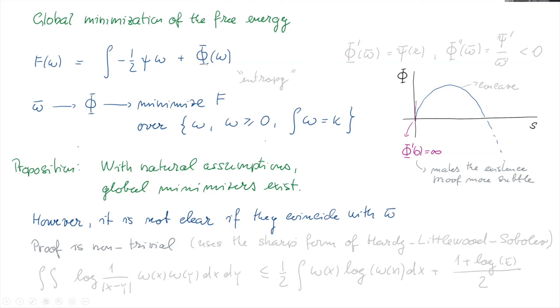But it turns out to be very difficult. We can show existence of global minimizers for this energy by the usual methods of calculus of variations, minimizing sequences, concentration compactness and so on. One can show existence of minimizers, even though it's harder than it might look at first, because of the behavior of the function here.